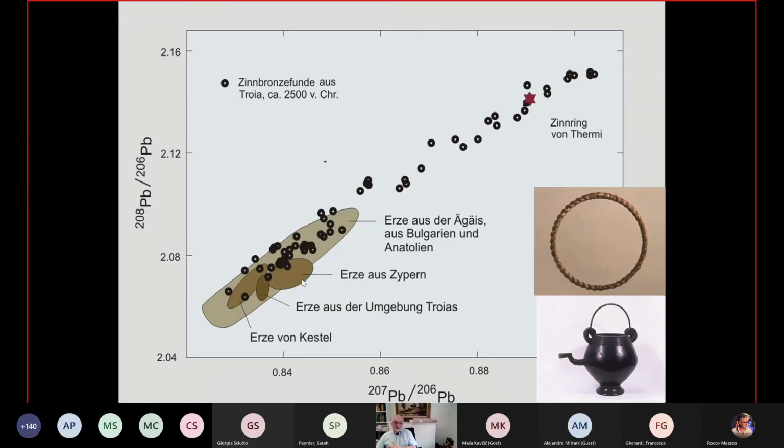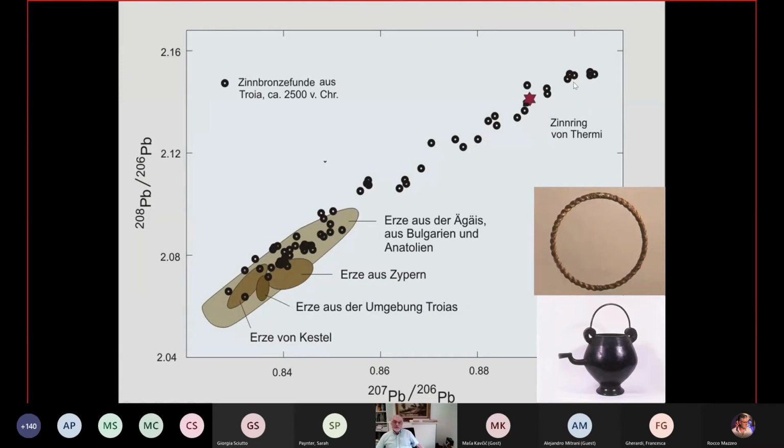We had ores, which is not all our work, especially Noel and Sophie Gale have worked on copper ores on Cyprus, and we had worked on copper ores from the Troad. And these comprise copper ores from the Aegean, Bulgaria, and Anatolia all together.